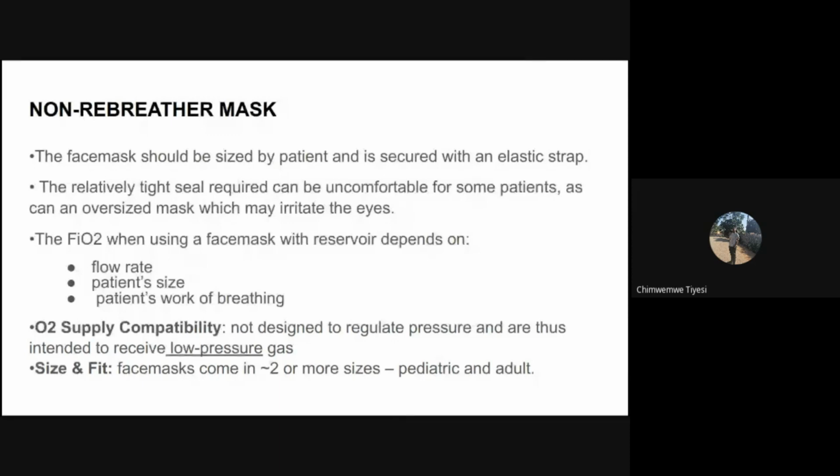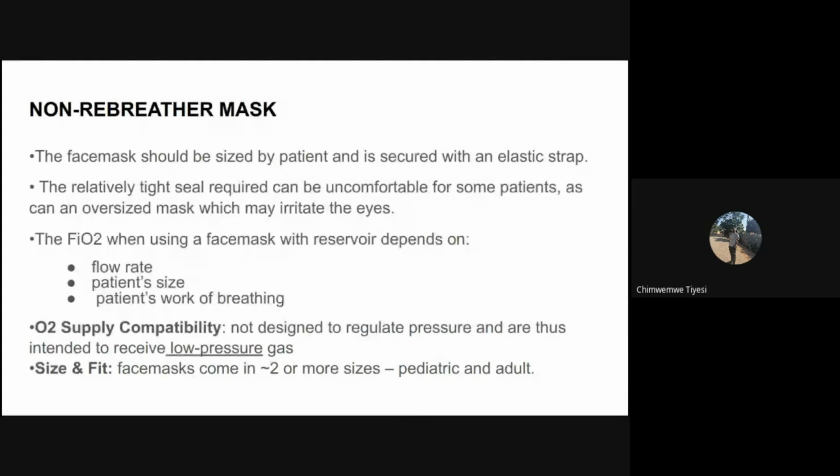So the fraction of inspired oxygen when using face masks with reservoirs depends on three things: flow rate, patient size, and also patient work of breathing. Patient work of breathing is related to the ease with which the patient can breathe. These masks are not designed to regulate pressure, and are intended to receive low pressure gas either from the concentrator, the oxygen supply line, or oxygen cylinders.